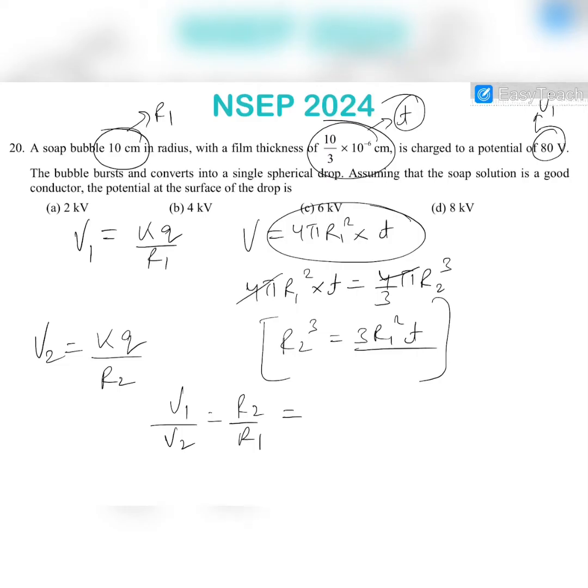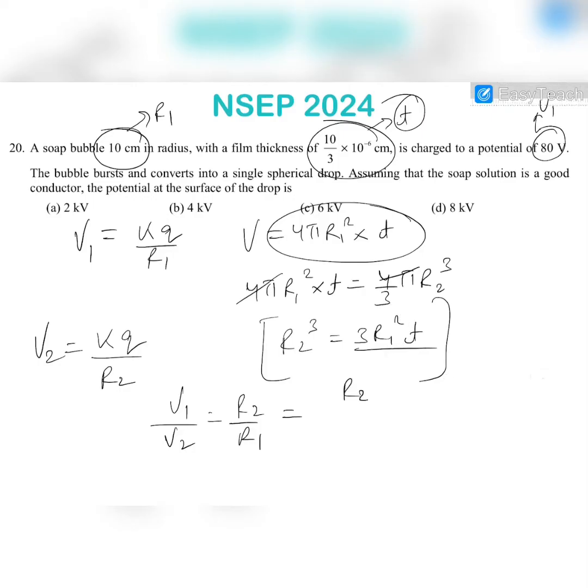R2 cube will be equal to 3 into R1 square T. Now R1 square, we are not converting the units, we are just using the centimeter only. So R1 square is 10 to the power 2, and T is 10, I'll write it down here.